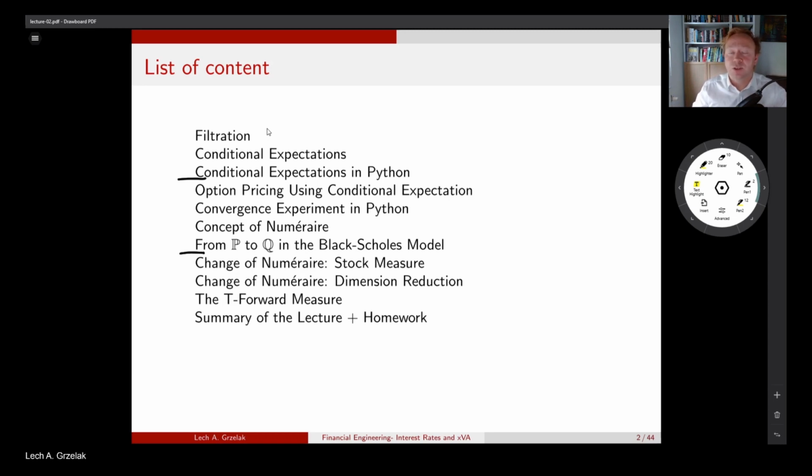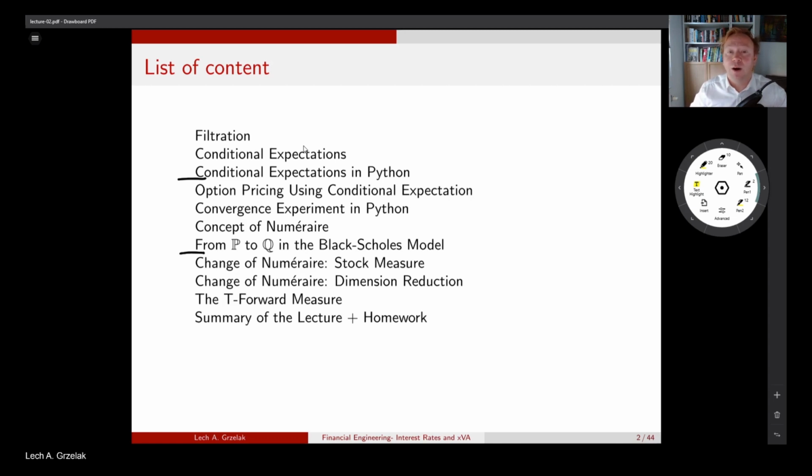This is related to the concept of measurability, what is known in the future, and how this relates to derivative pricing.